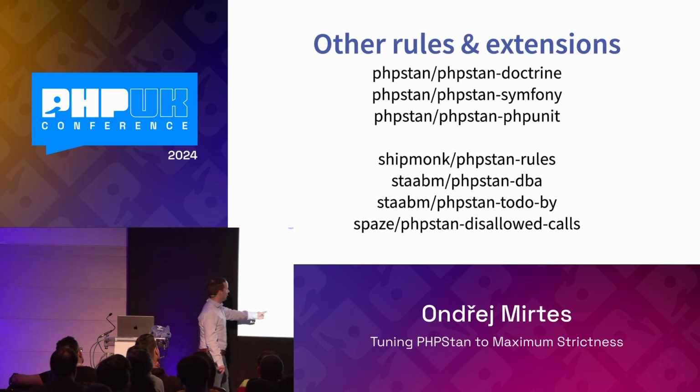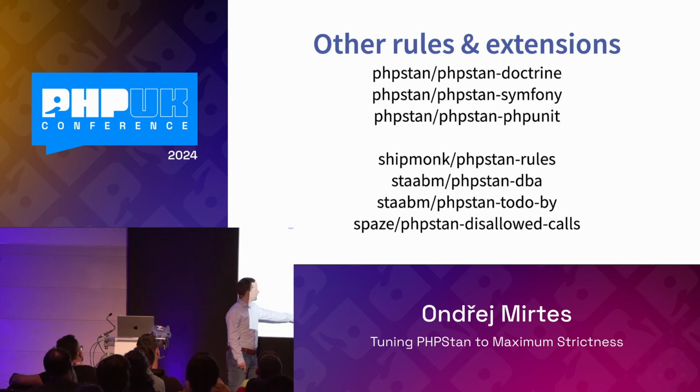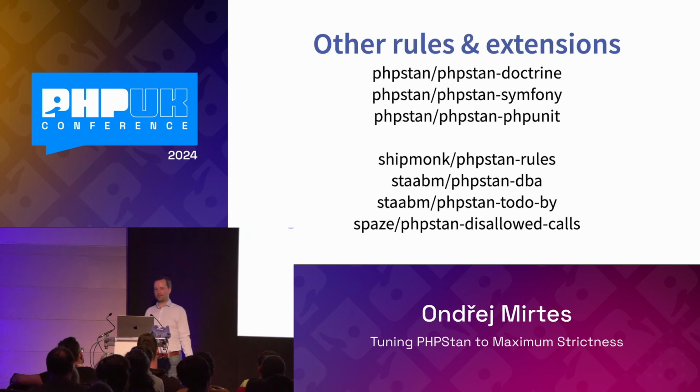And last but not least, PHPStan disallowed calls from Michal Špaček lets you configure it so that you don't leave any unwanted function calls in your code. So for example, if you are debugging your code using var_dump calls, or you might have some extra exits in there, you can configure it in such a way that it tells you that you shouldn't really forget these calls in your code.